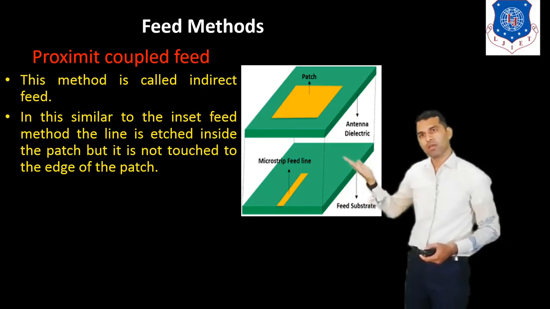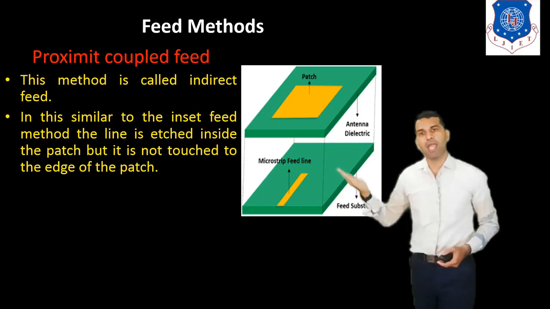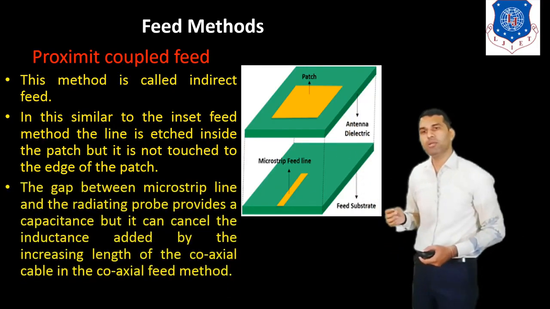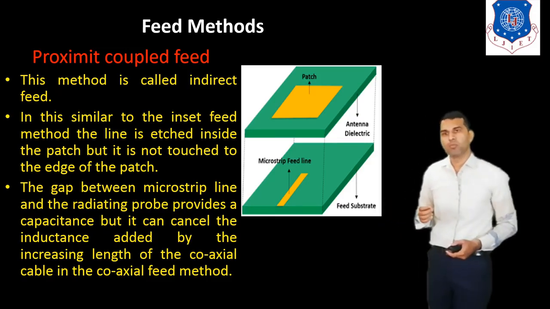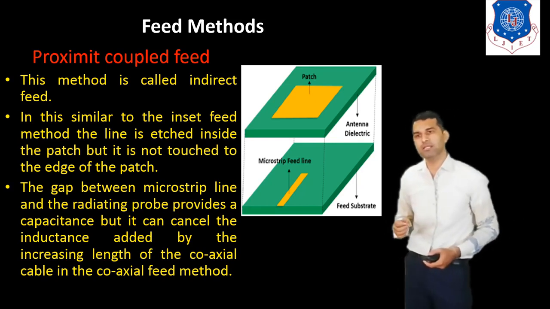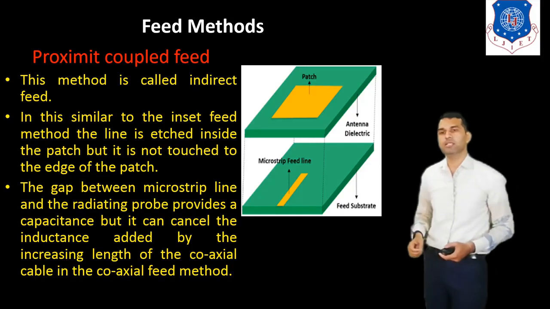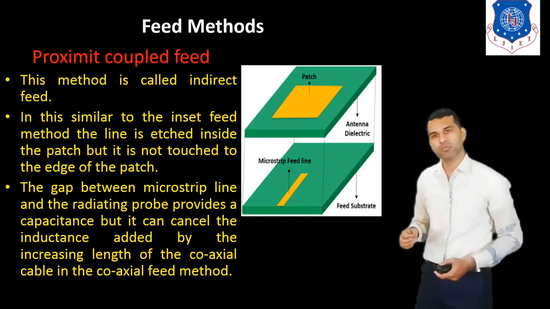So here we have put this microstrip line inside the patch, but it is not attached directly to the patch. The gap between the microstrip line and the radiating patch provides a capacitance, which can cancel the inductance added by the increasing length of the coaxial cable in the coaxial feed method.